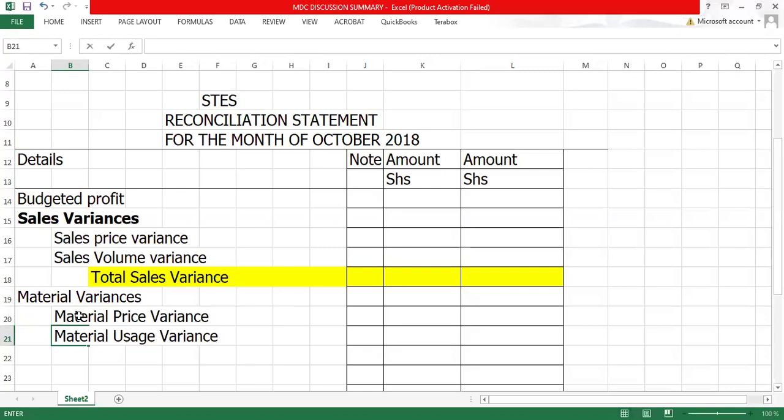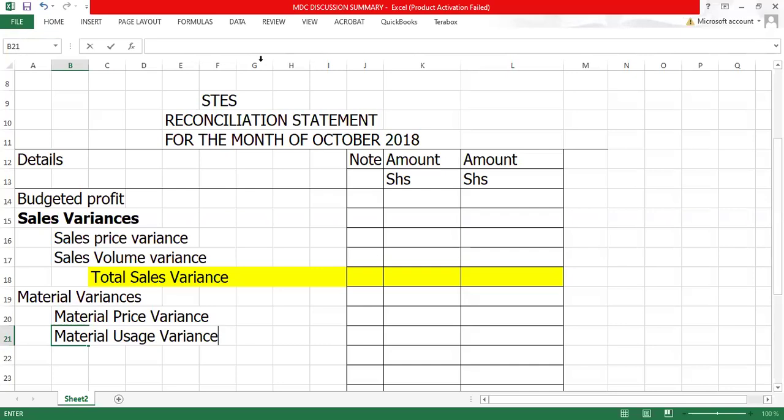You may have the material mix and material yield in a scenario where the company is using more than one type of material, either material A, material B, material C. So if you are using more than one material as a company to make a product, then you may need to look at material mix and material yield.